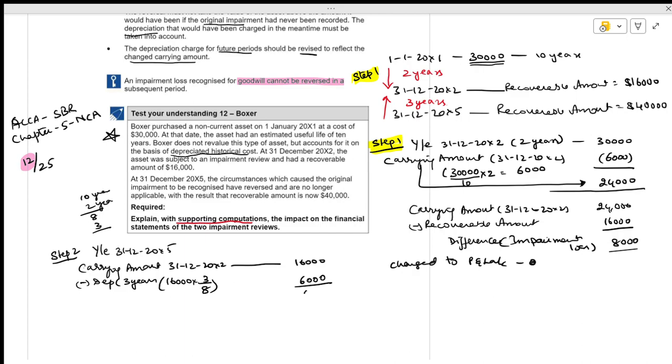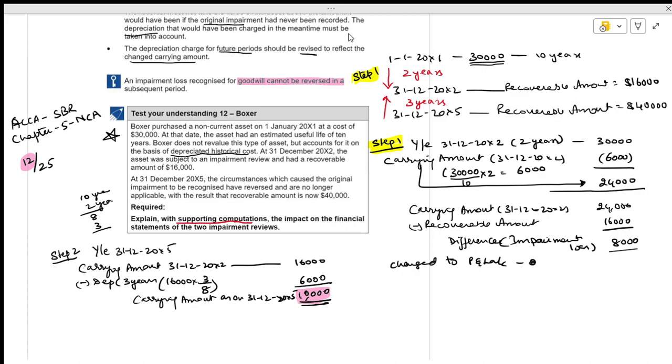How much is the carrying amount? It is 10,000. This is the carrying amount as on 31/12/2005. Carrying amount is 10,000.